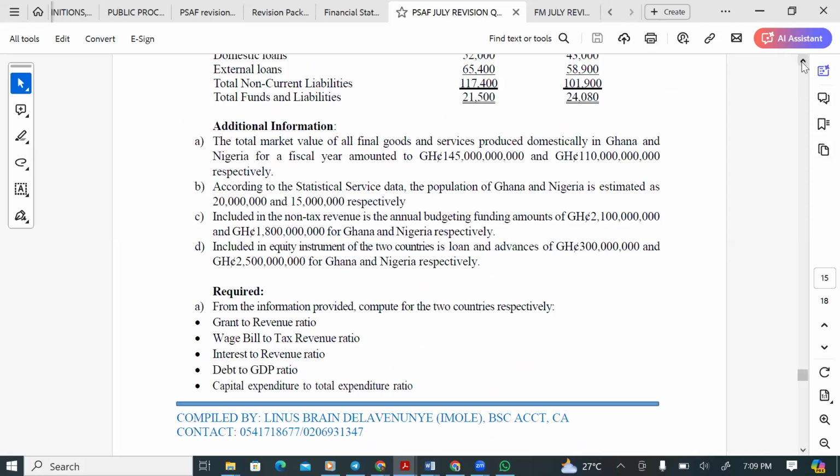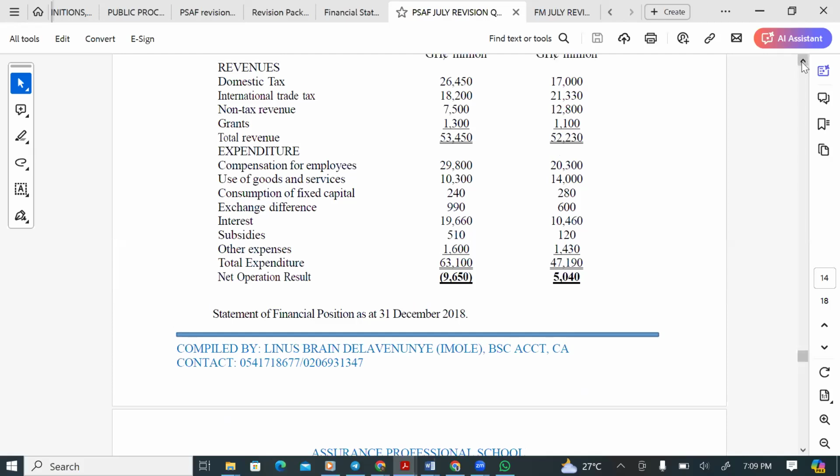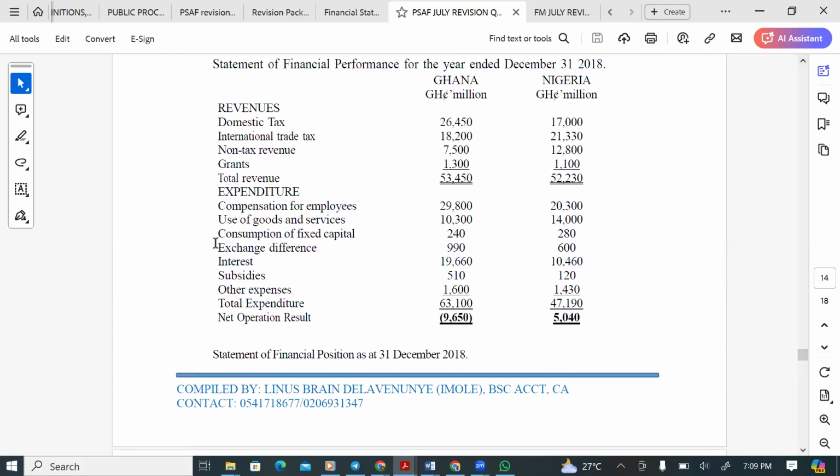Look for the interest. So the interest is how much for Ghana? 19,660. Okay.